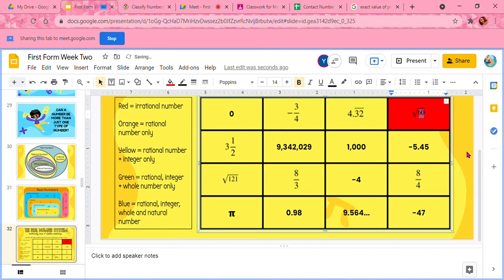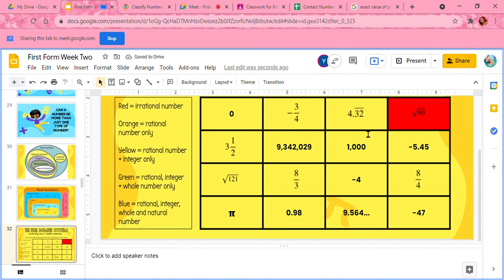Do you see any other irrational number? Root 121. Okay, root 121. Is there any number that I can times by itself to get 121? This is your times table.